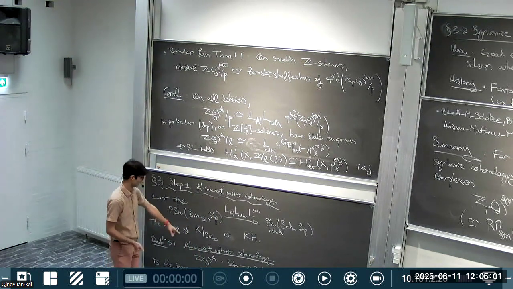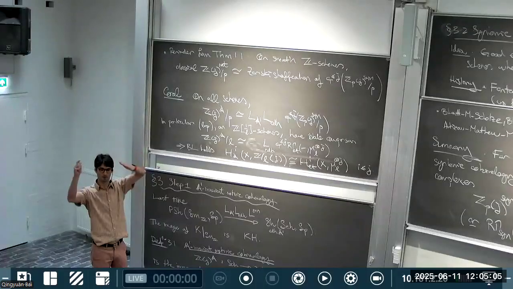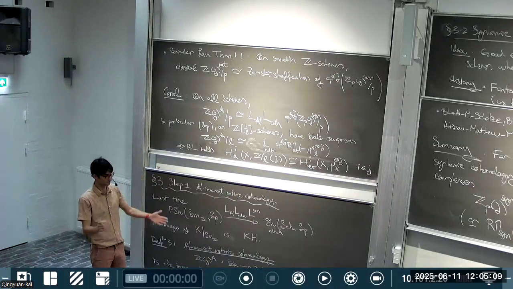So again, when we look at the motivic spectral sequence with mod l coefficients, there'll be a big piece that we understand purely in terms of étale cohomology.